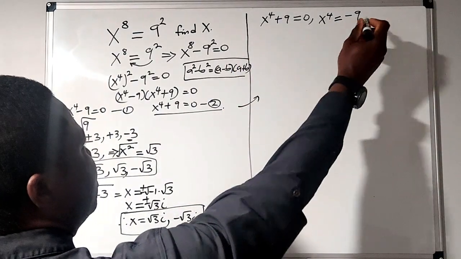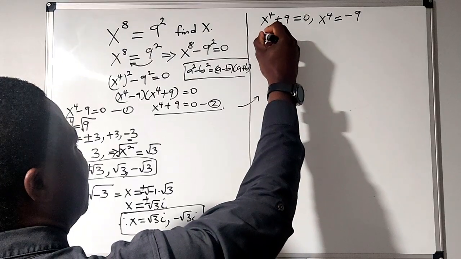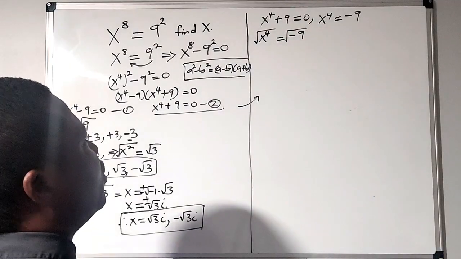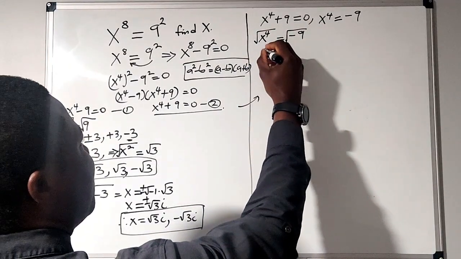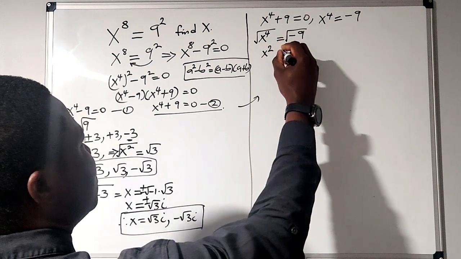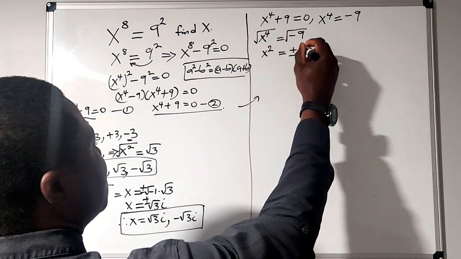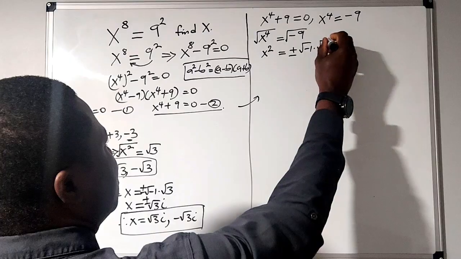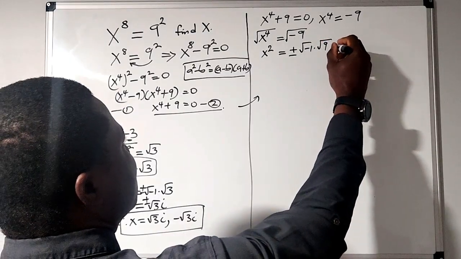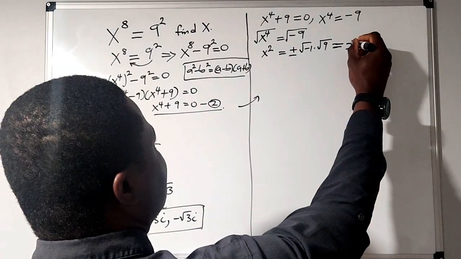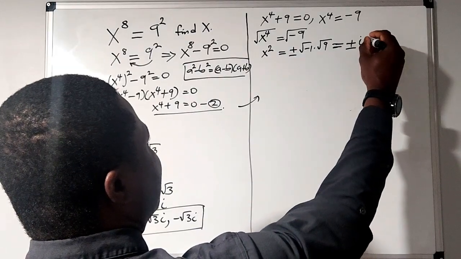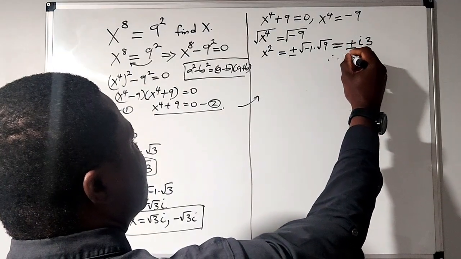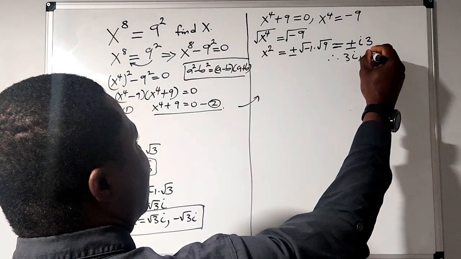If we take the square root of both sides, we have x raised to power 2 equals plus or minus, this becomes minus 1 times root of 9, which is equal to plus or minus 3i. So we have 3i and minus 3i.